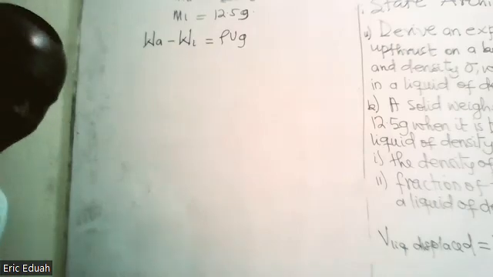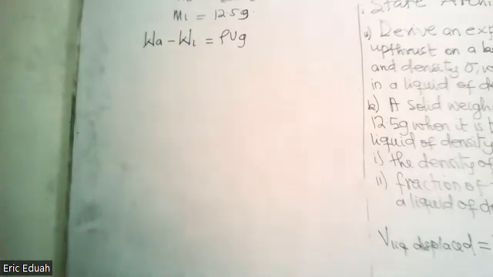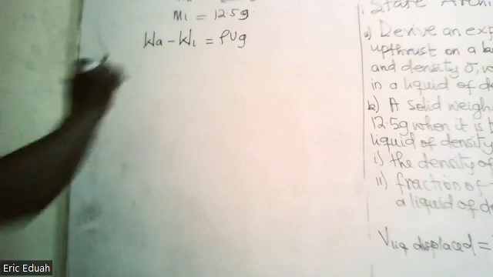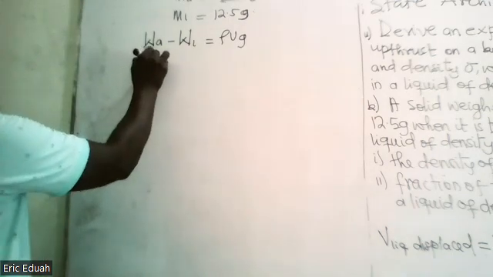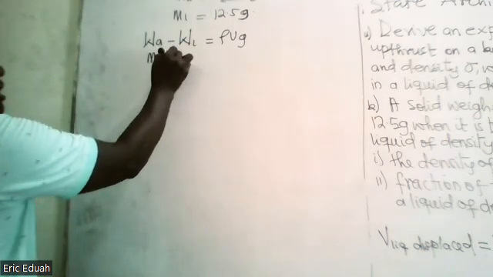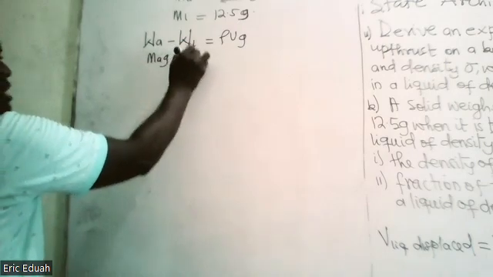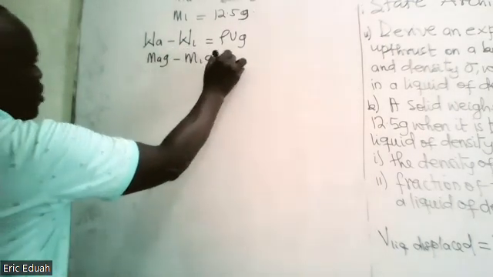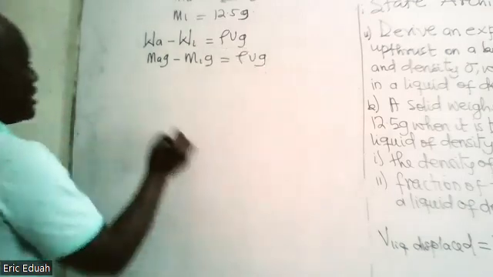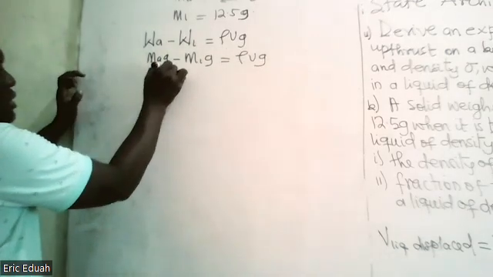Then I also said that this weight can be mass in air times gravity minus mass in liquid times gravity is equal to rho Vg. Then we factorize g out.